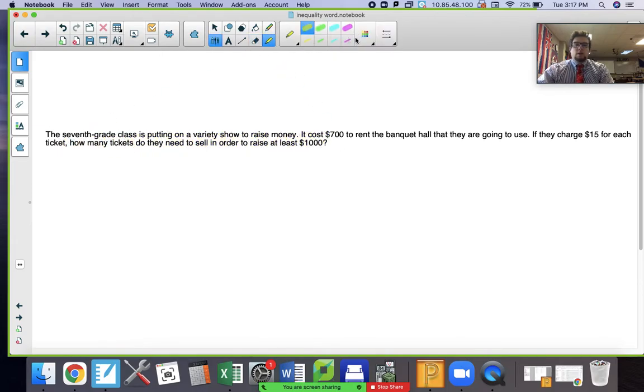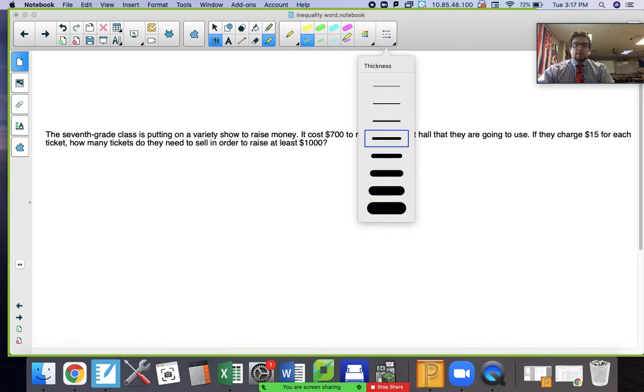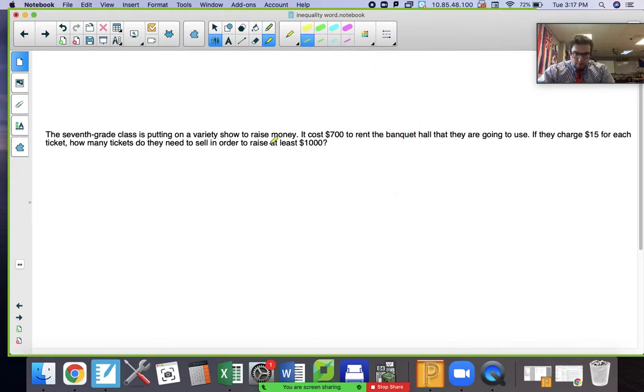How we know that this problem is an inequality is because of this statement right there, at least $1,000. And this statement right here, how many tickets, is telling me what I don't know about the problem.